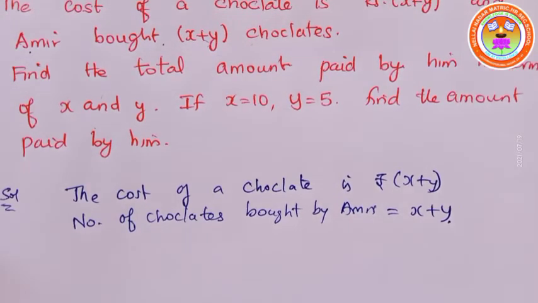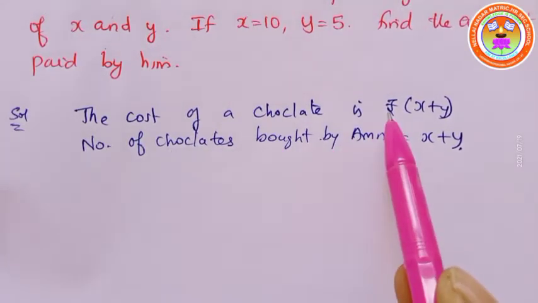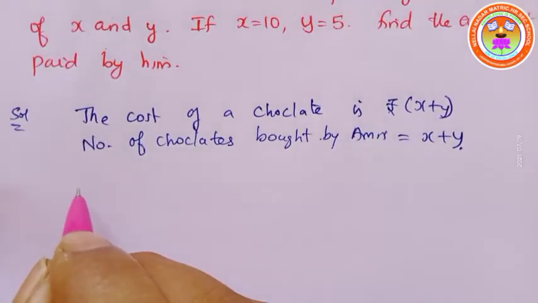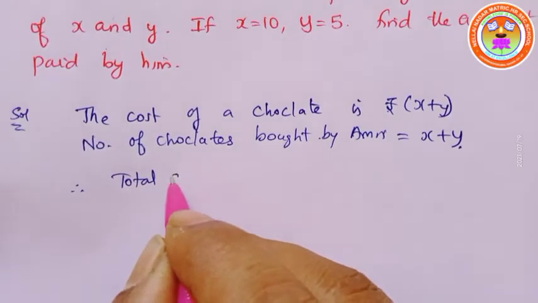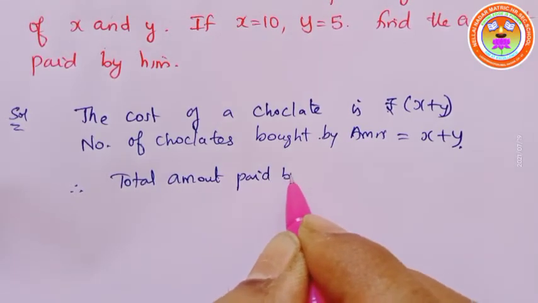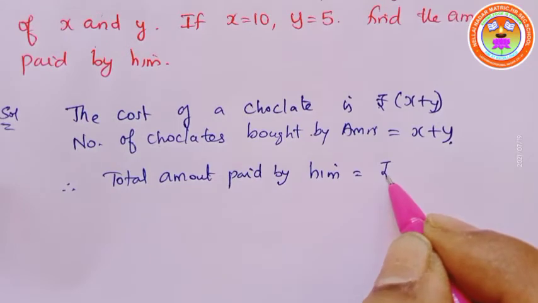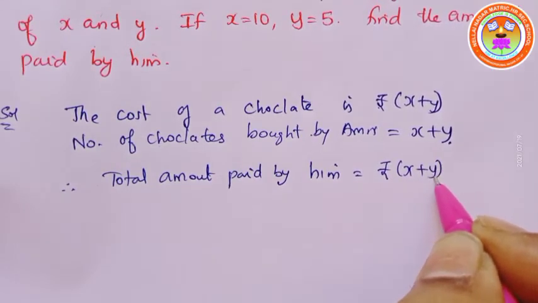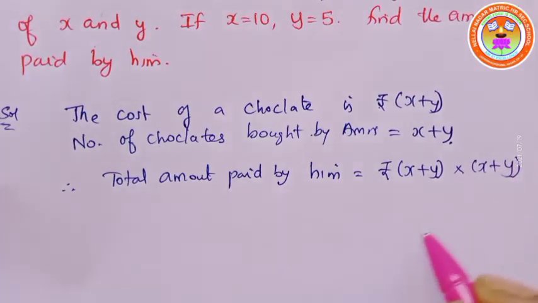Now you are going to take the product, because it is number of chocolates into cost. So therefore the total amount paid by him is rupees x plus y into x plus y, right?